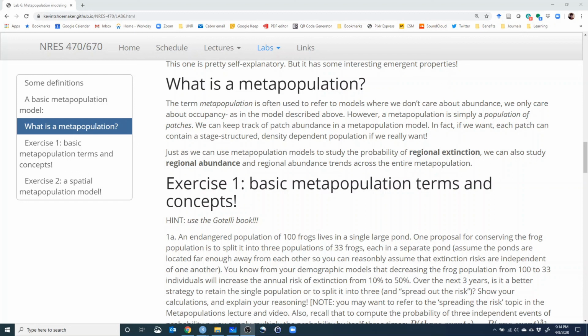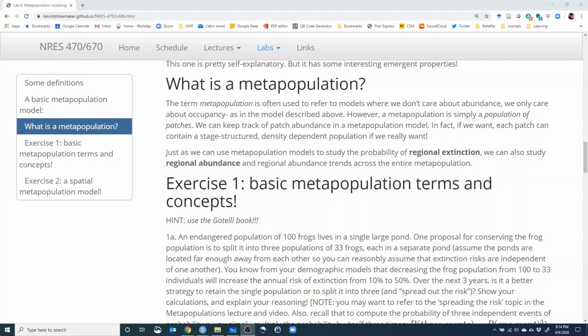But I like the more inclusive definition, where a metapopulation is simply a population of patches of potentially suitable habitat. We can keep track of patch abundance if we want. We can totally do that. There's no reason we should limit ourselves to only thinking of patches as occupied or unoccupied. We could actually keep track of the total number of individuals in each patch. We could even make the population stage structured, so each patch has its own stage-structured, density-dependent population. We have the tools we need to do that.